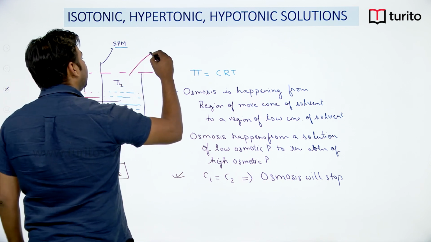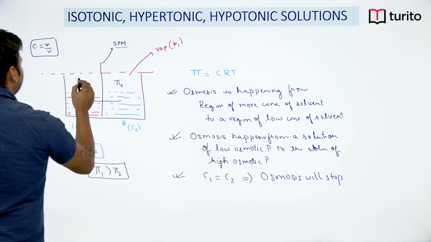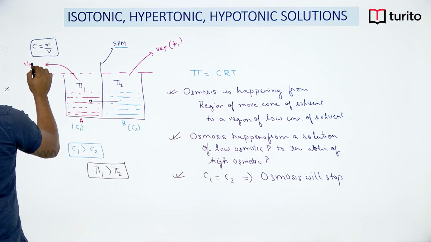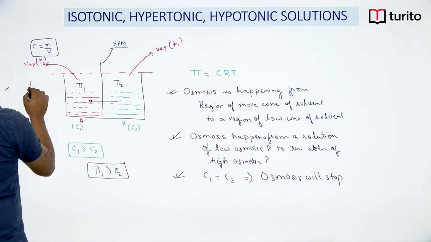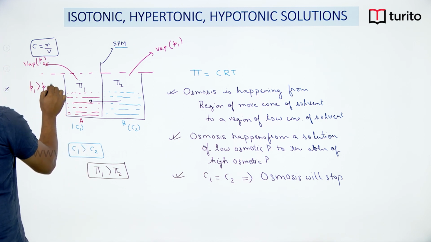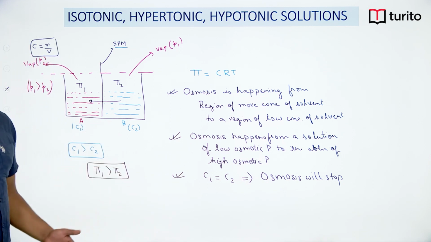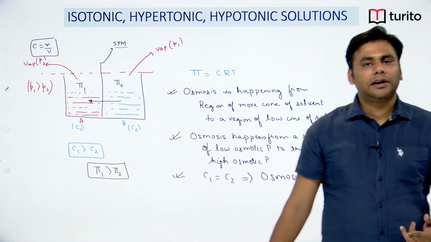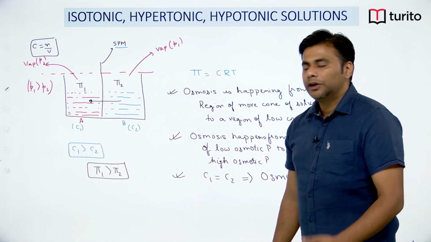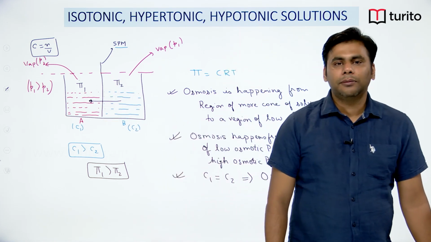Let the vapor pressure be P1 and the vapor pressure over this solution be P2. We know that P1 is greater than P2, because this solution is dilute, so there are more solvent particles at the surface. More solvent particles will escape and form vapor, so more vapor will be formed on this side, so P1 is greater than P2.